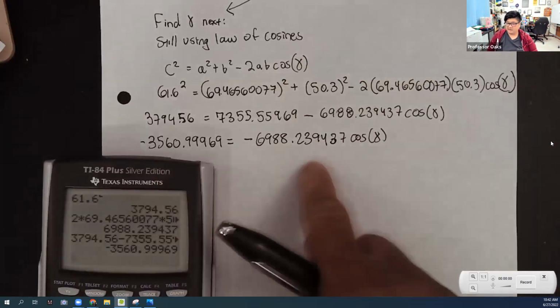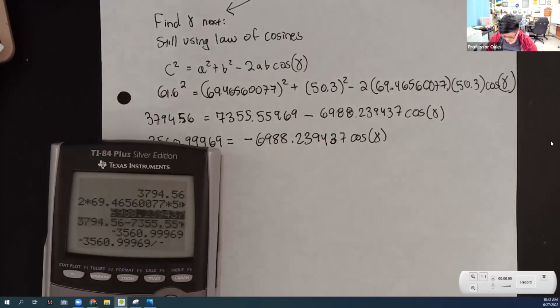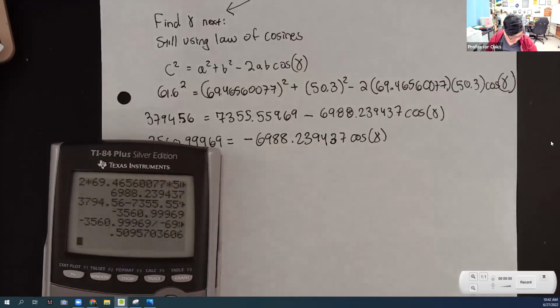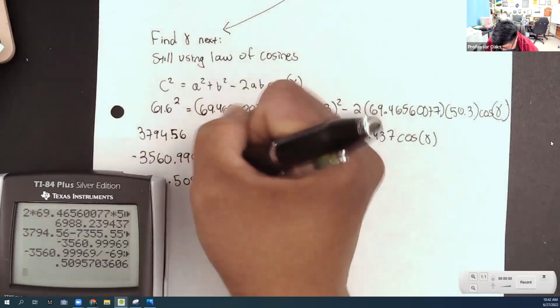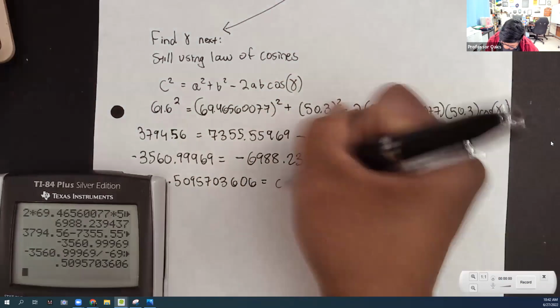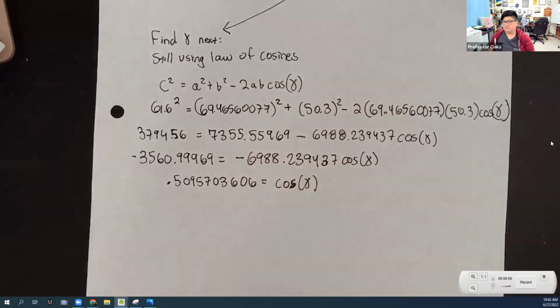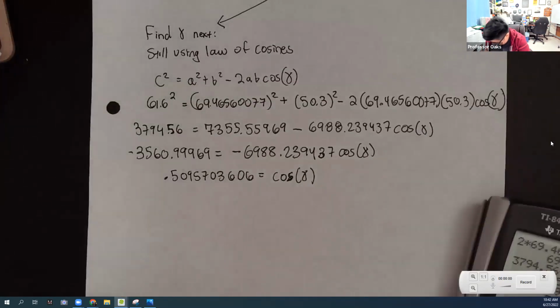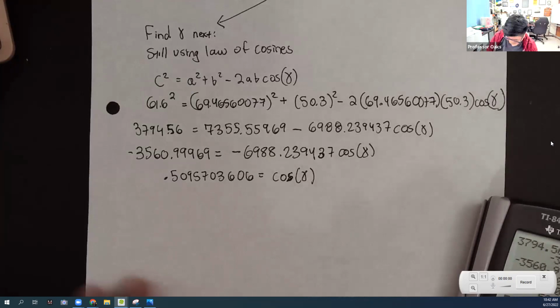Then I'll divide by that. So I end up with 0.509570366 is cosine of gamma. And then gamma is actually just the cosine inverse of that number.